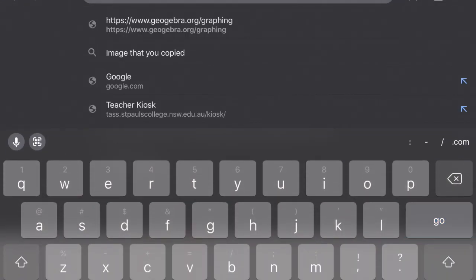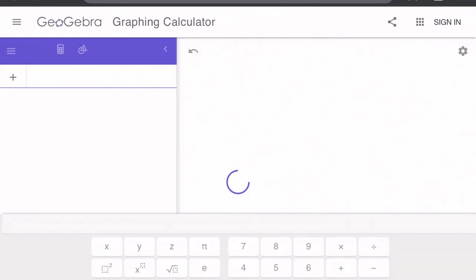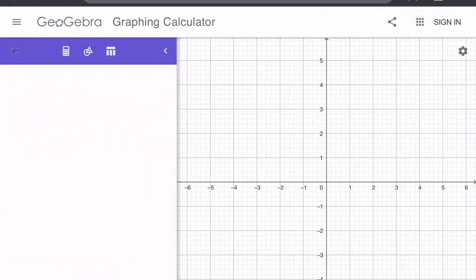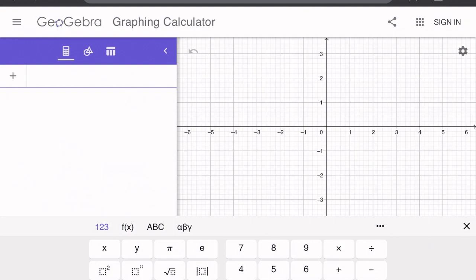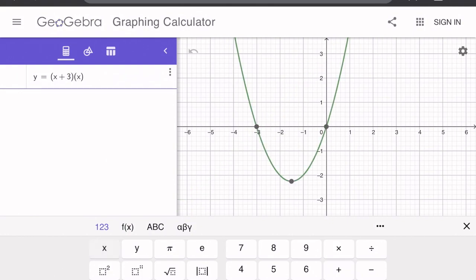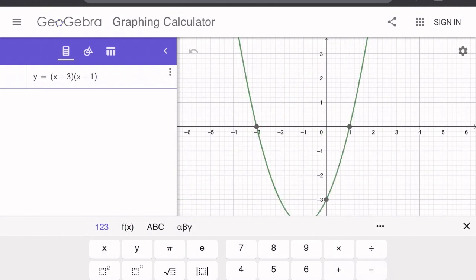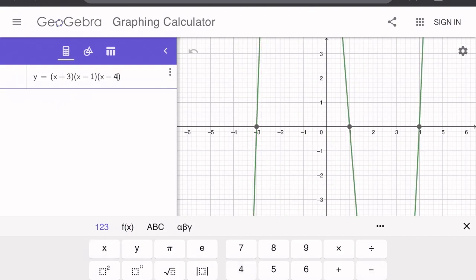I'm just going to restart this. So if I have y equals, in brackets, (x + 3)(x - 1). See, that's the quadratic we'd started with, but we're also timesing it by (x - 4).